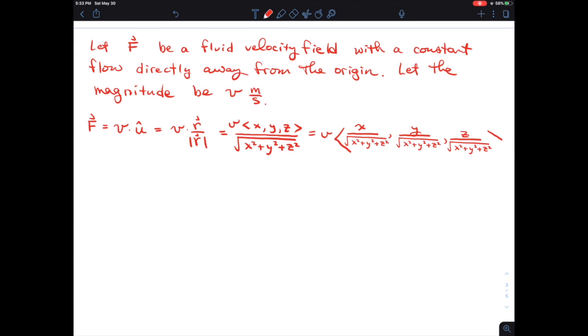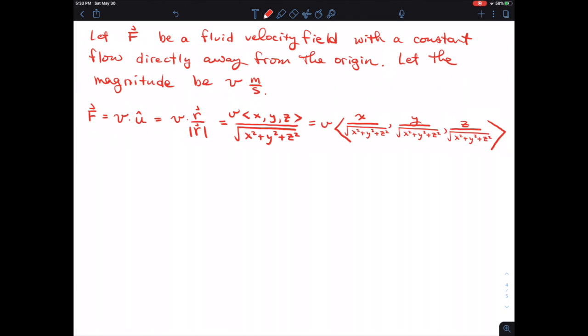Okay, so we'll need to know the divergence of this field if we're to do the flux across the surface. So the divergence of F is, as you know, del operator dotted with F. Okay, so let's go ahead and put the del in.